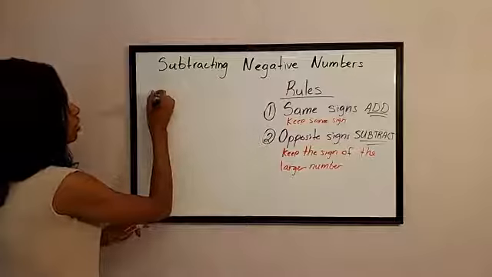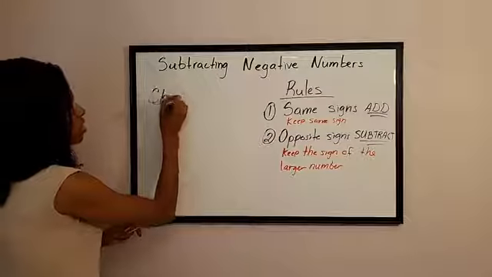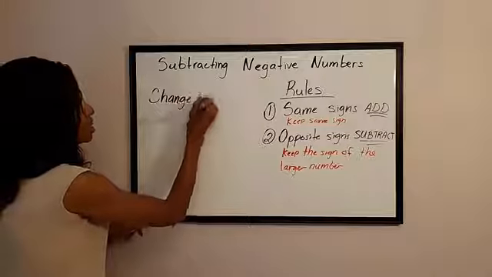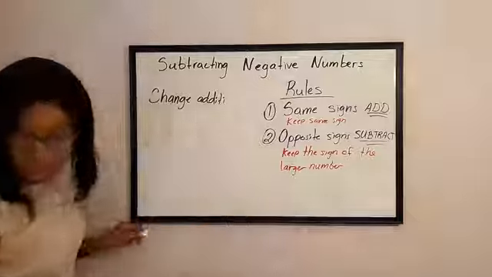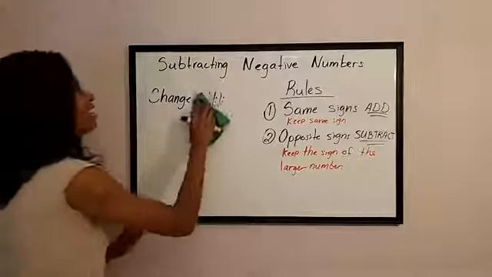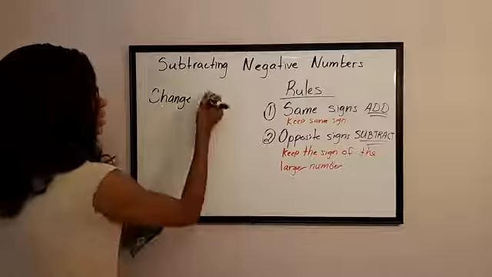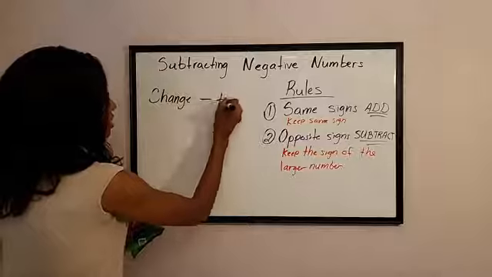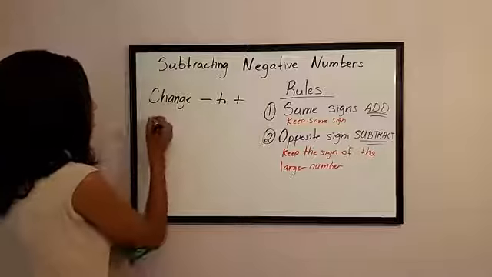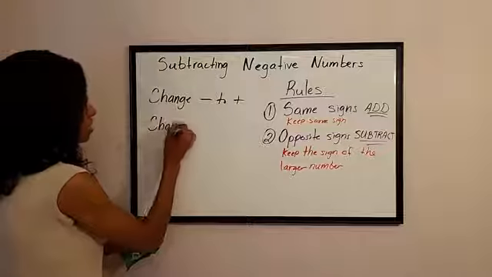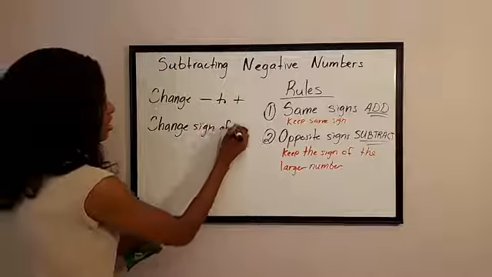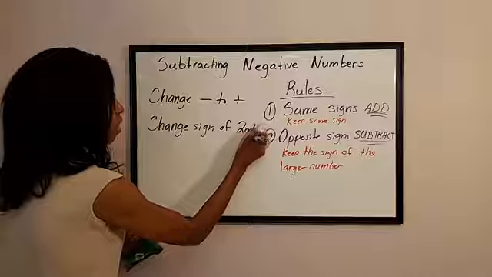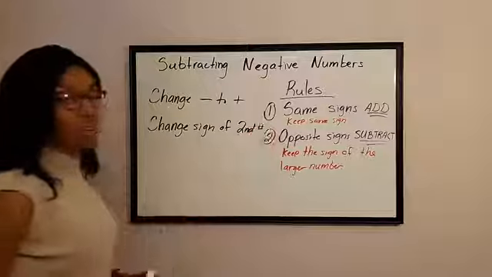So you're going to change addition to subtraction, subtraction to addition, and then change the sign of your second number, okay? So change subtraction to addition, and then change the sign of the second number. So never the first number, always the second number, all right?